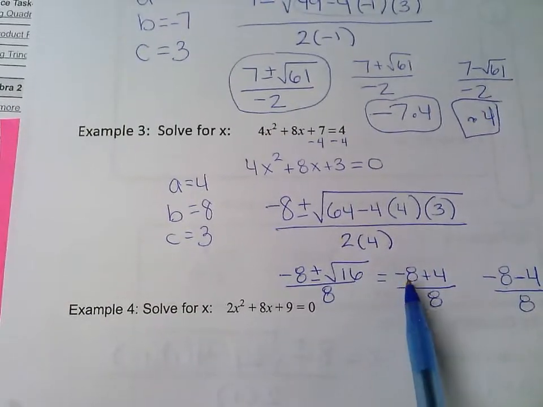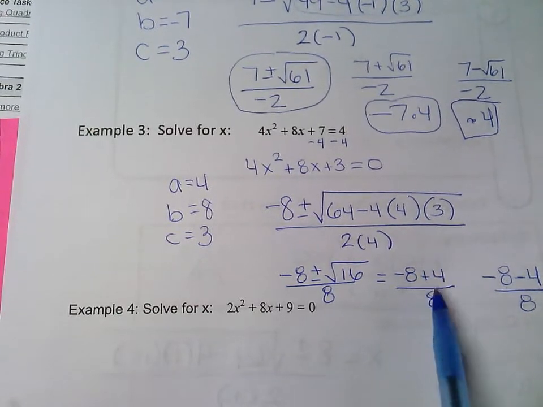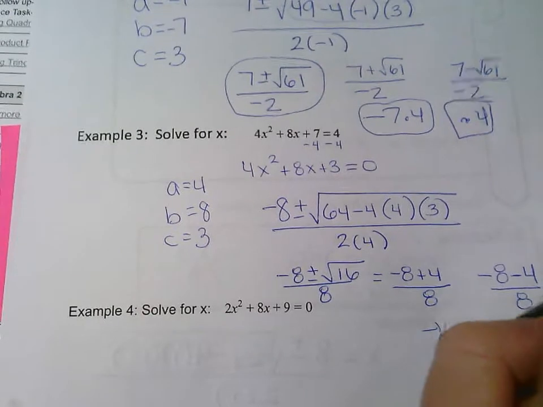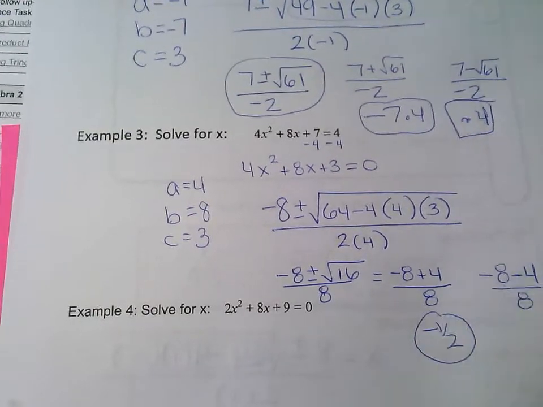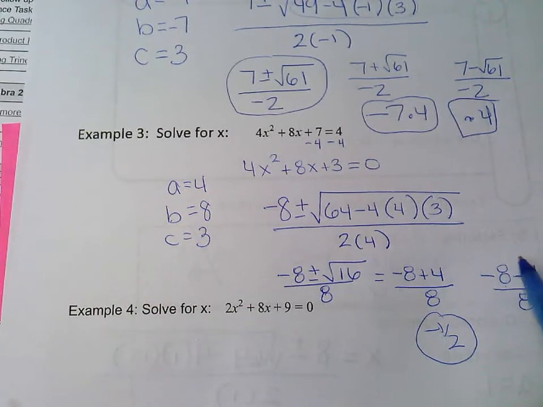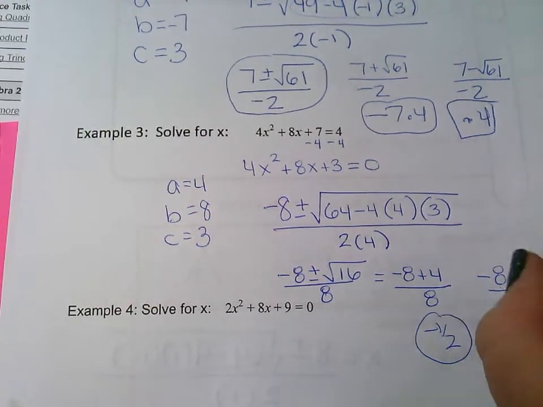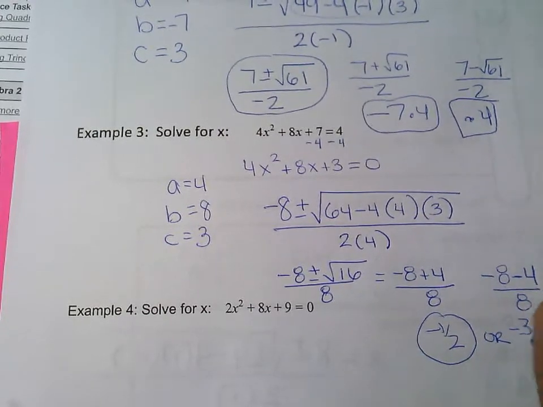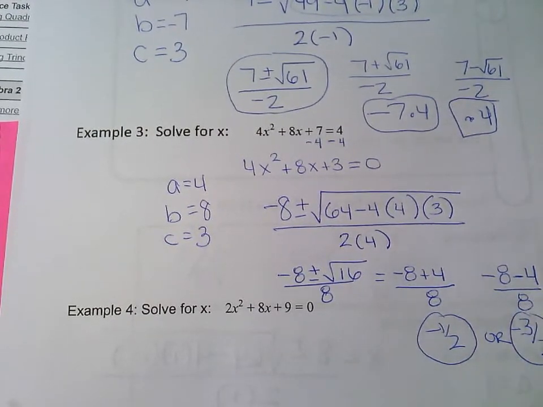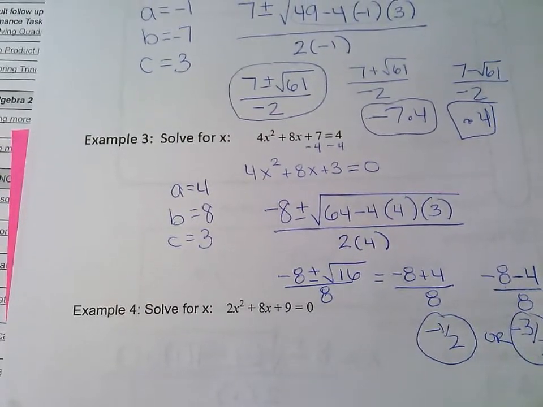What is -8 plus 4? -4. -4/8 is -1/2, last I checked. And this one would give me -12 over 8, which would be -3/2. Right? -12 divided by 8 is 3/2, right? Okay. So there's my two solutions for example 3.